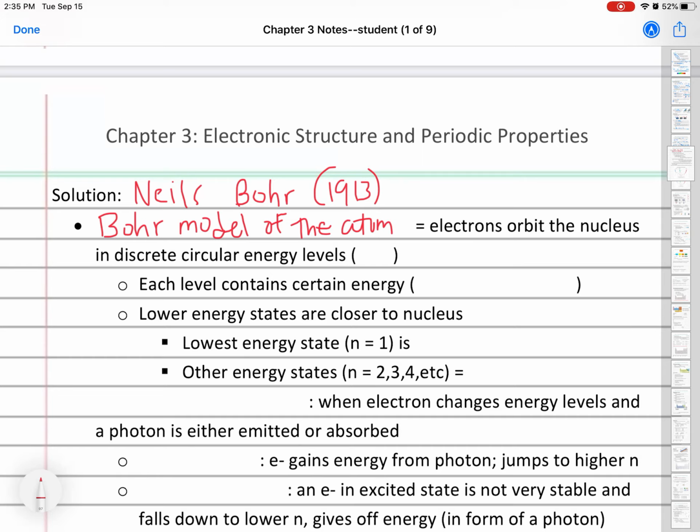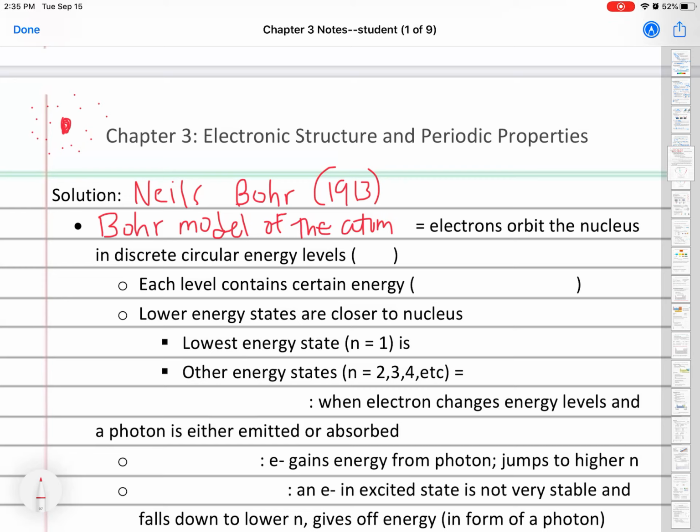Remember, Rutherford was the one who did the gold foil experiments and realized that there's a dense mass at the center of the atom, the nucleus, and that the electrons are in largely empty space around that. So there are a few electrons floating around in this cloud outside of the nucleus. But he did not propose any sort of organization of those electrons. He just thought they were kind of floating around.